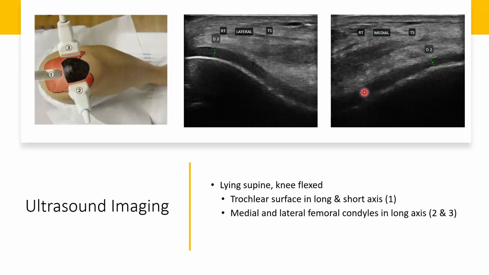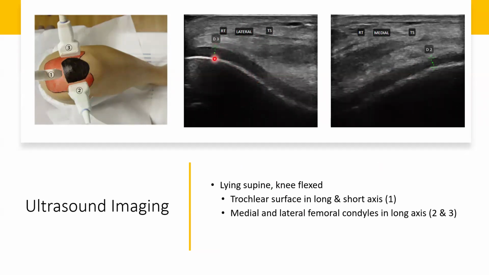These images up here, these are actually my knees, if you're wondering. I scanned these myself. Our scanner isn't quite big enough to get the entire sulcus, so you'll see it's in two images. I had it slid over to the lateral side, made sure to label it right, lateral TS for trochlear sulcus.